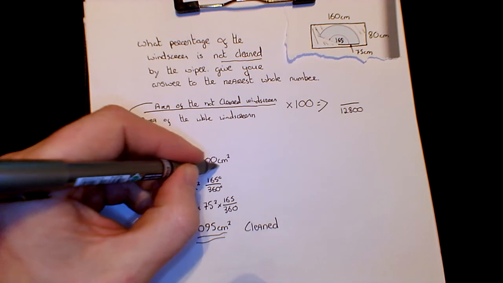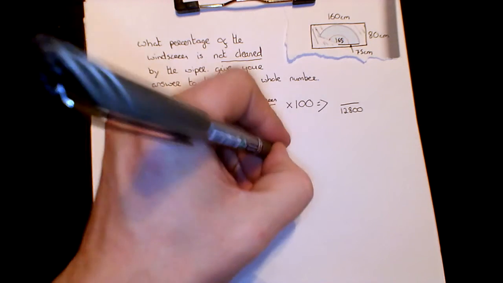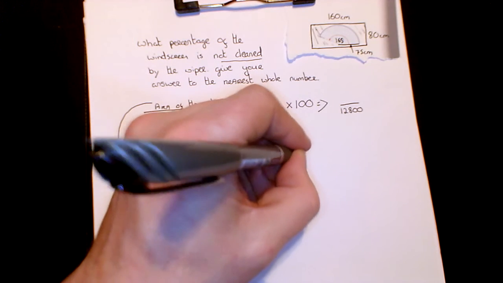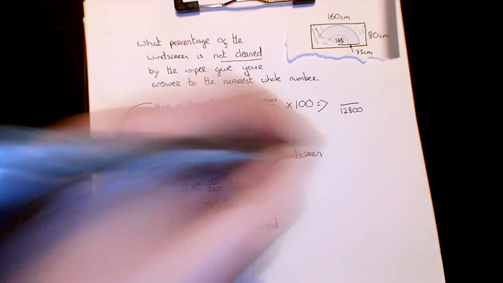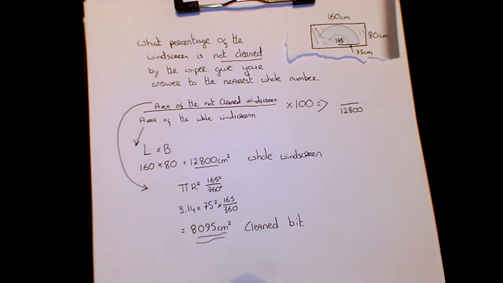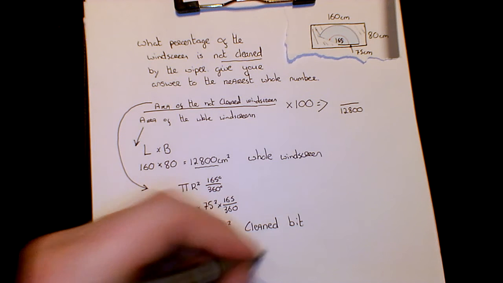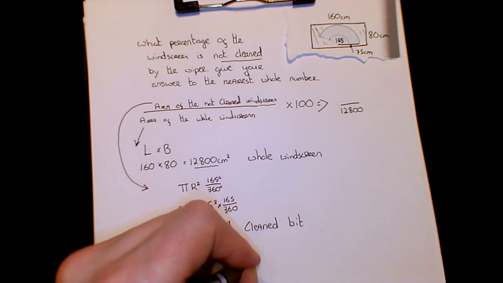So if this is the area of the whole windscreen, okay, and this is the area of the clean bit, well, if I take that from that, I should get the area of the unclean bit.